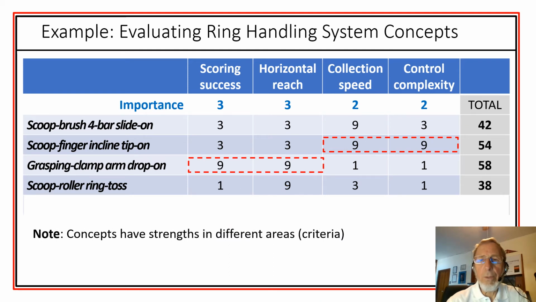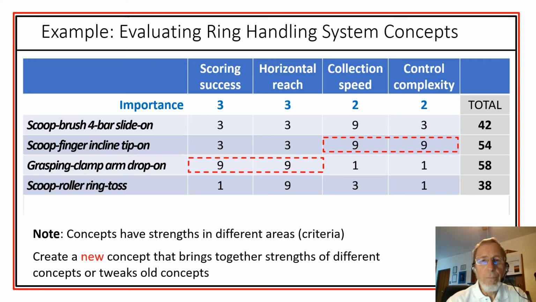Note also here that the different concepts have strengths in different areas. Some are stronger on the scoring side, some are stronger on the collection side. So for the system, one might look for ways to combine strengths from these different concepts, or maybe our consideration of these has given us some new ideas.